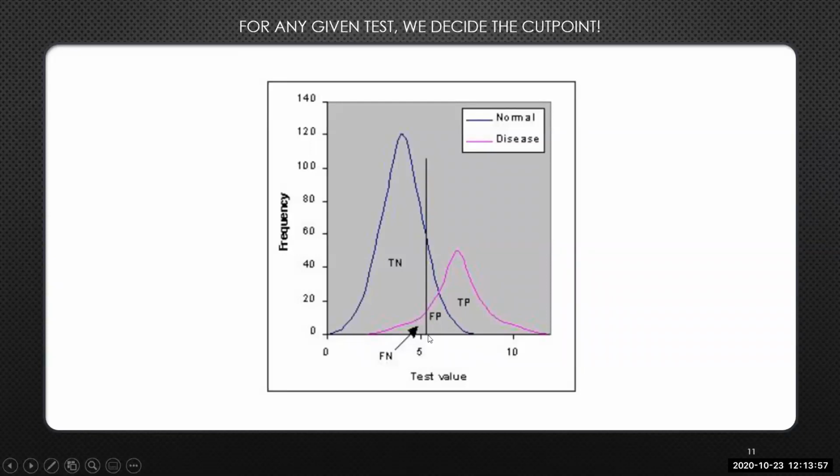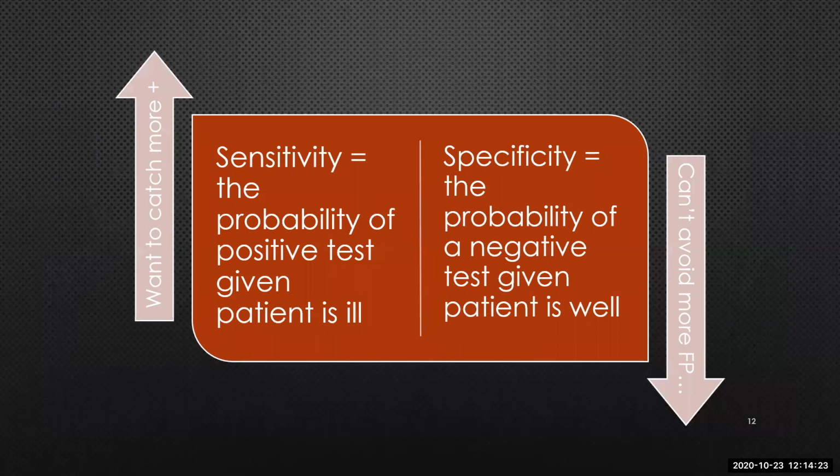And how do we decide where the cutoff goes? Well, in a test, we want to put the cutoff point where there will be the least amount of overlap between the true negatives and the true positives, because we want to separate those curves as much as possible. And you can move that one way or the other, and you'll end up capturing more of one population or another. So let's see an example of this.